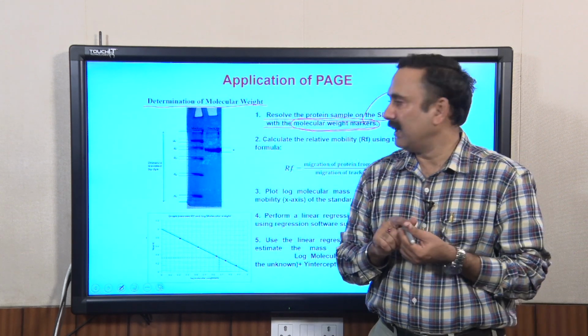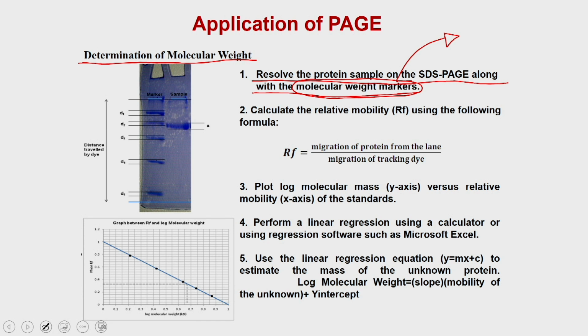For example, in this case we have different bands, and for all the proteins present in the molecular weight marker, we already know the mass of each band.